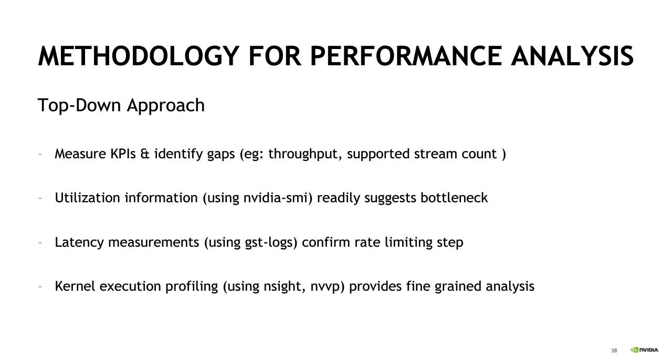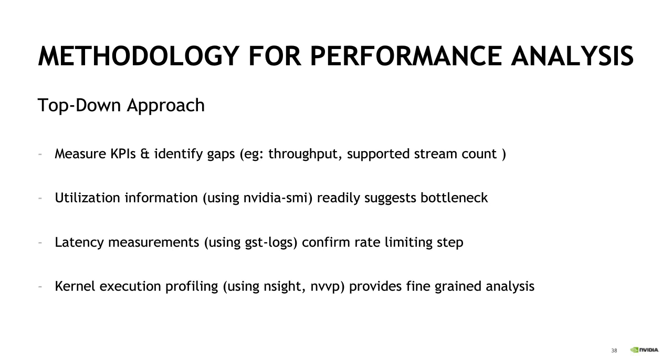I'll show later how latency through each plugin can be measured using log files. And we have a number of other tools that help view system-wide performance. We see many developers build plugins independently without realizing that they may be competing for the same resources. So it's important to look at the full system pipeline.